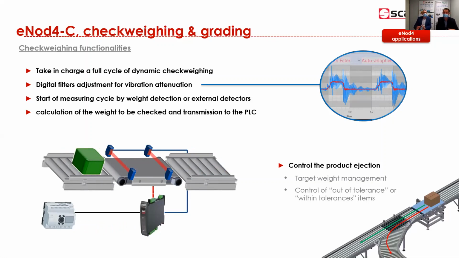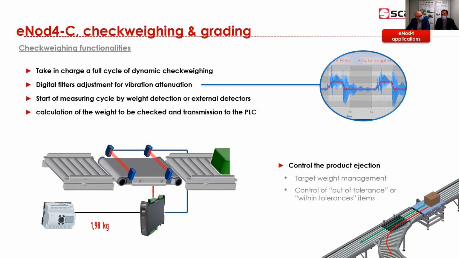In fact, no. We only control one weight interval, a weight target and tolerances around this target, because we don't have enough outputs to manage several weight intervals to make sorting. It's only a check weighing with one weight target and one set of tolerances. So indeed, the eNod4C, like the eNod4D, is designed for mono-product cycles.